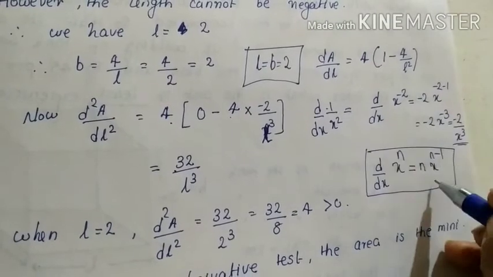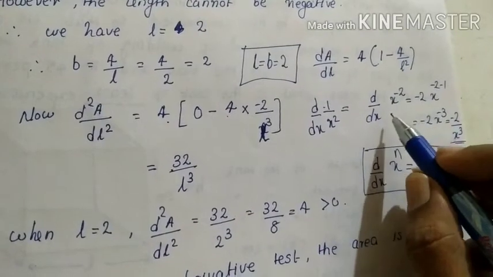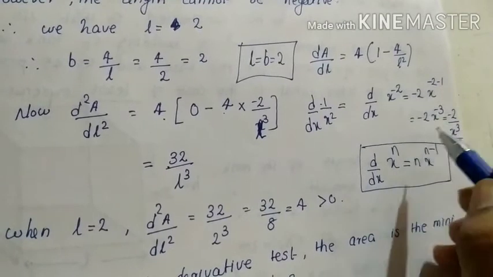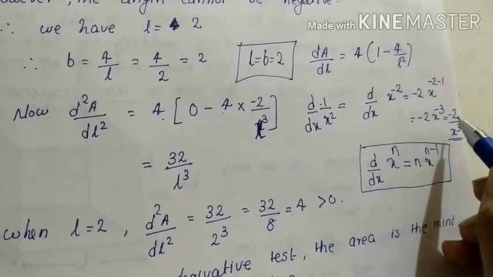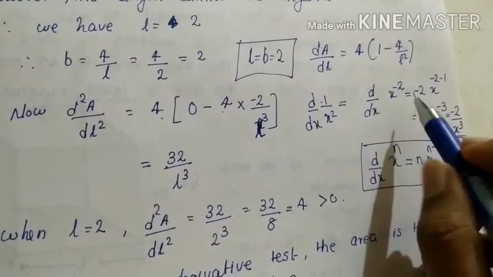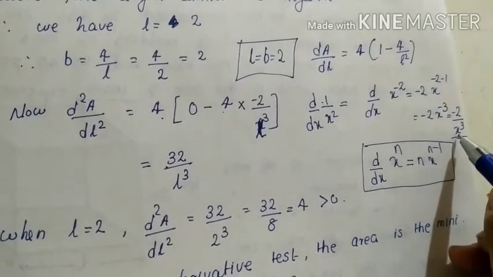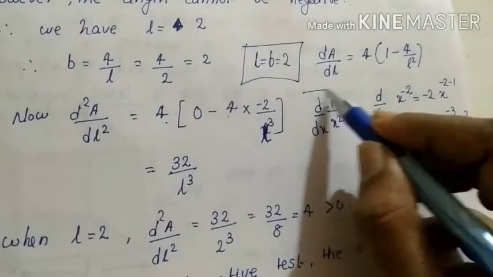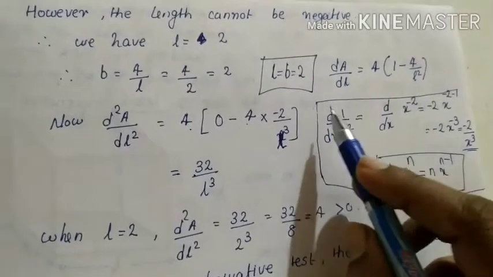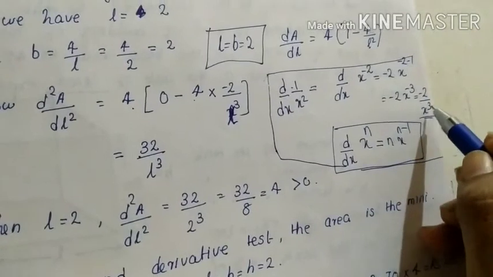Substituting minus 2 in this formula, we get the derivative of x raised to minus 2 as minus 2 into x raised to minus 2 minus 1, that is minus 2 x raised to minus 3, and x raised to minus 3 can also be written as 1 by x raised to 3. So the derivative of x raised to minus 2 is minus 2 divided by x cube. Replacing this x by L, we get the derivative of 1 by L square as minus 2 divided by L cube.